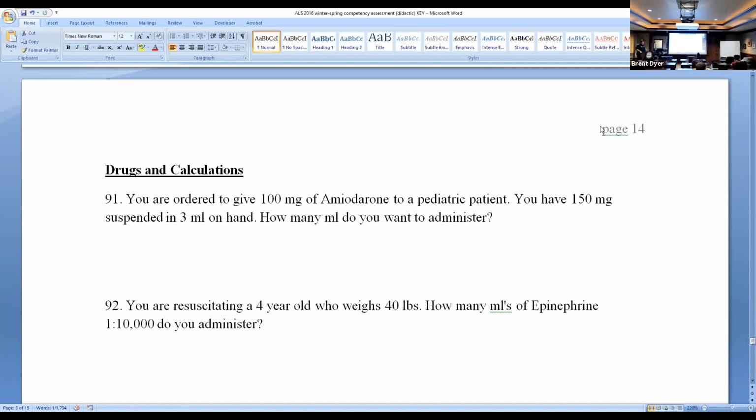Now that may sound like a paramedic level question, but let's name some of the drugs that are AEMT drugs. Glucagon. Benadryl's not.